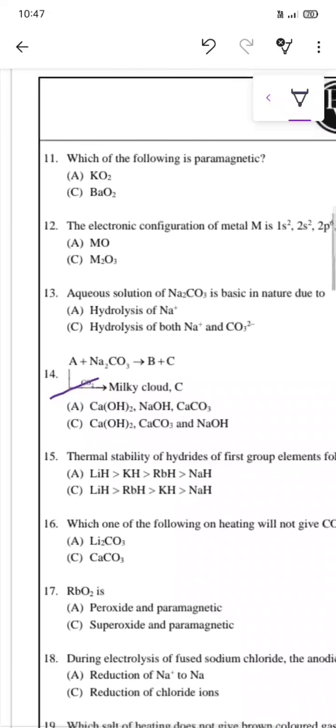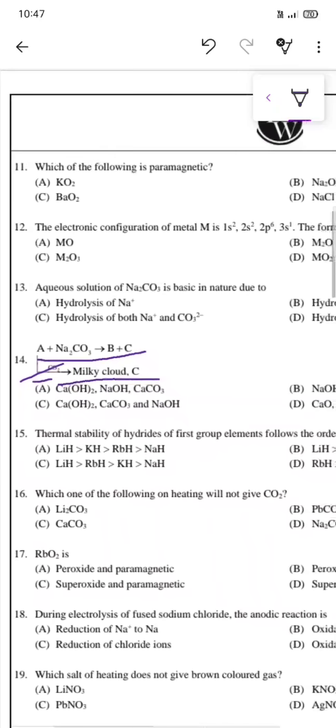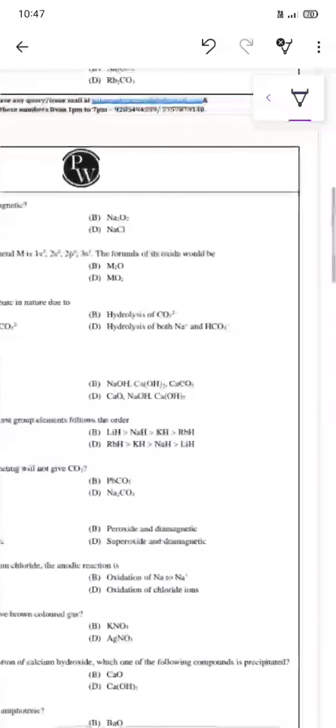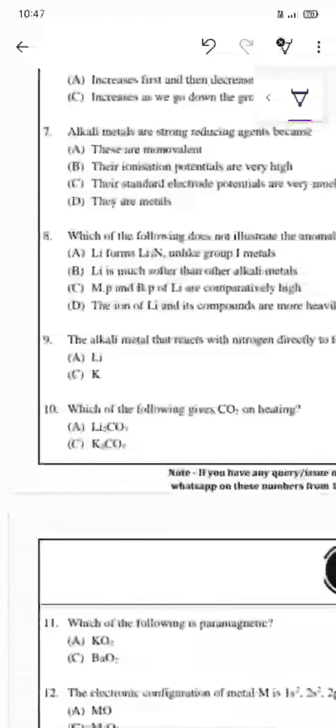So A plus a metal plus Na2CO3 gives B plus C, and when it reacts with carbon dioxide it gives C. Okay, so it is nothing but the reaction of Na2CO3.